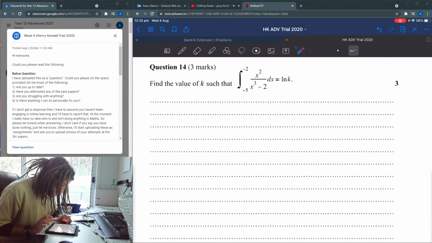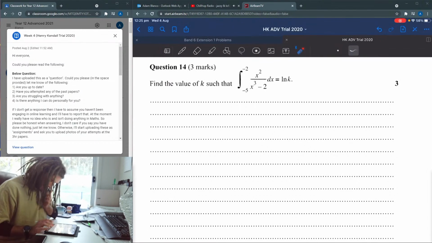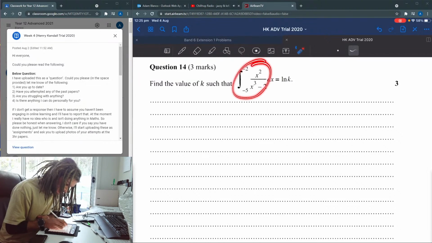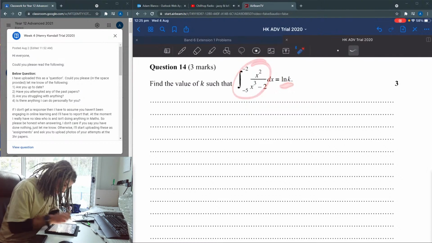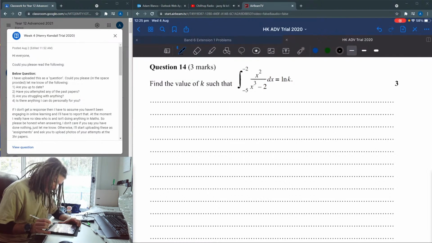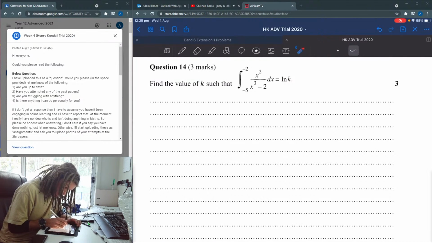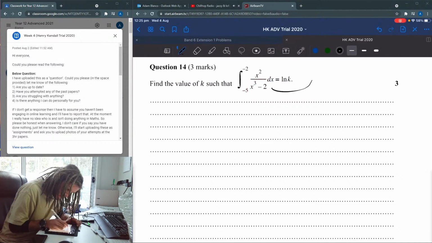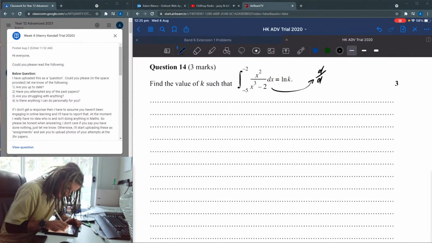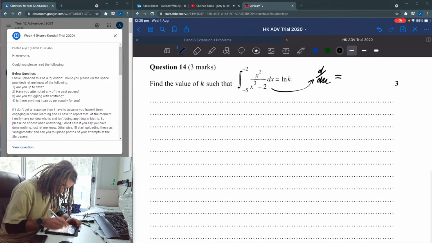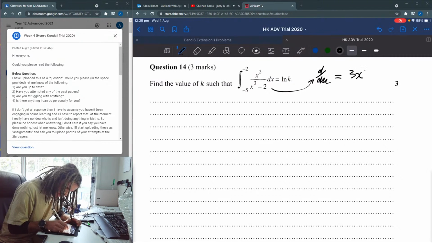Find the value of k such that, oh geez. So in other words, perform this and hopefully you end up with a log with 1 number in it. Okay, I've got to differentiate. When you look at a fraction, you want a derivative over original. The derivative of that is 3x squared.